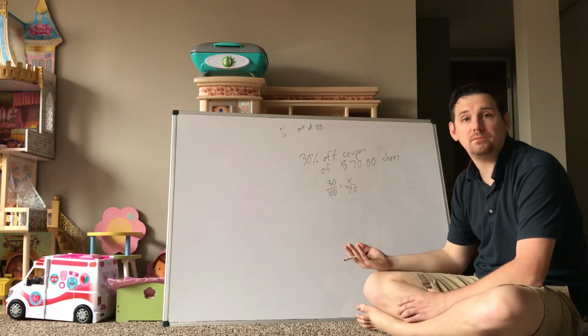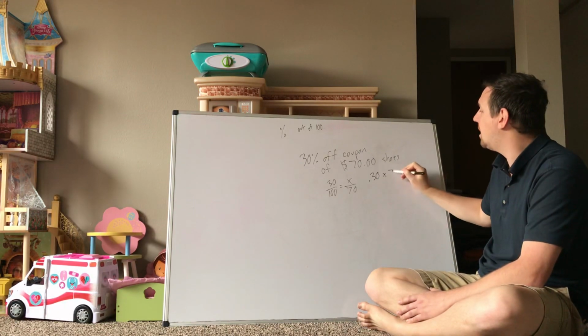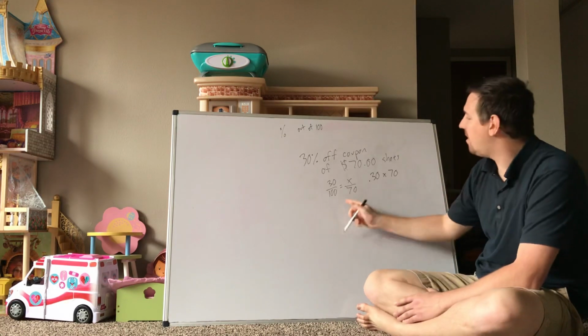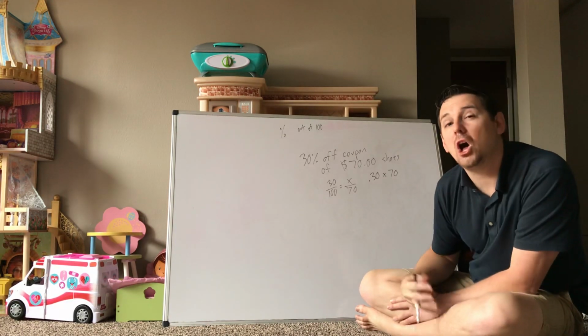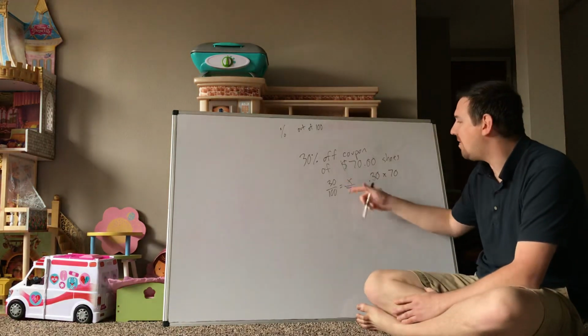There's your proportion. You could do 0.30 times 70. Again, these proportions will figure out how much is off. So if you want to know how much you pay, you could get these answers.